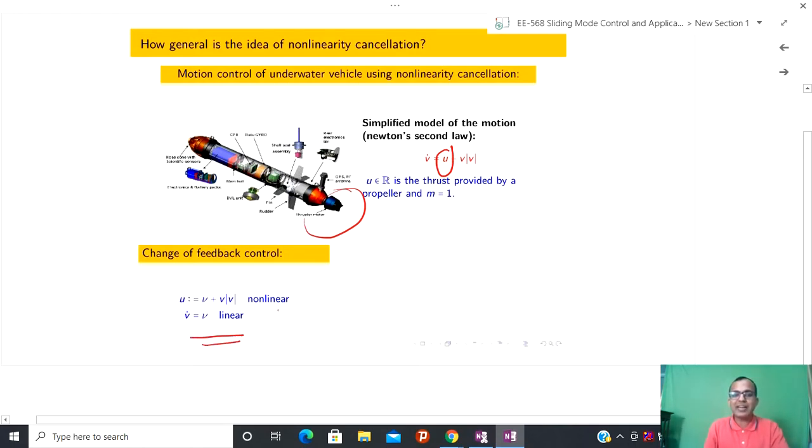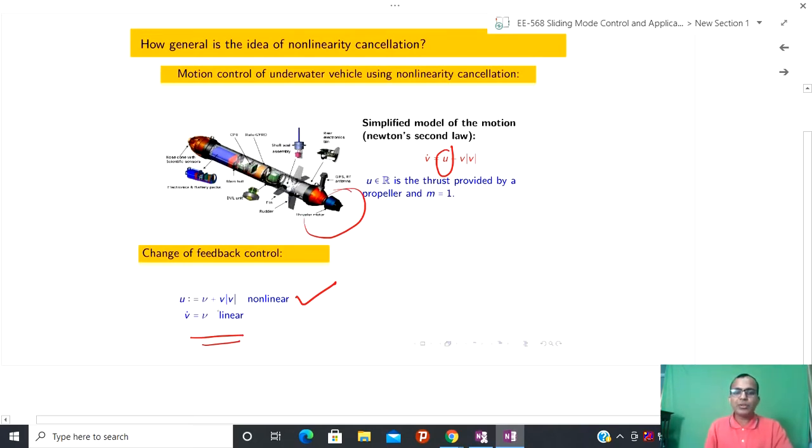So you can see that I can design the control like nu plus v plus mod v, and as I told you, this is a feed forward kind of thing, that I know this uncertainty is going to come into the picture. So I have specified that uncertainty in advance.